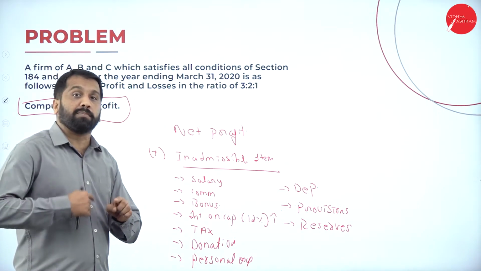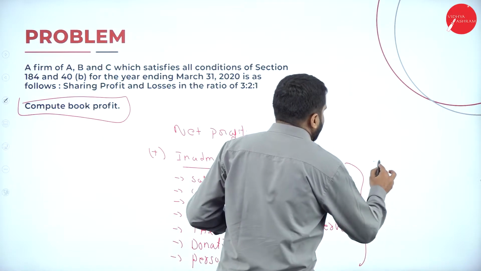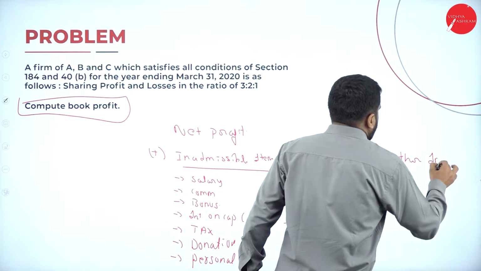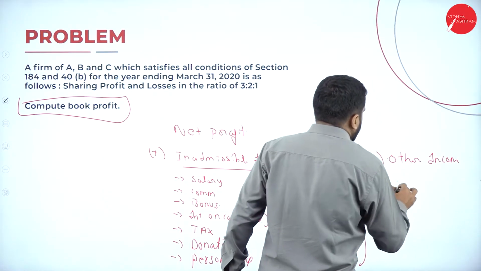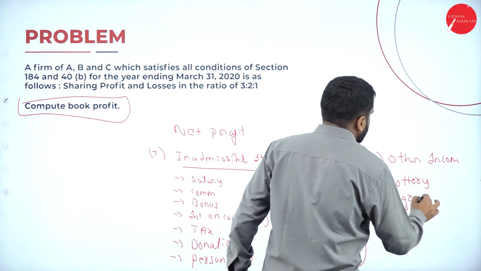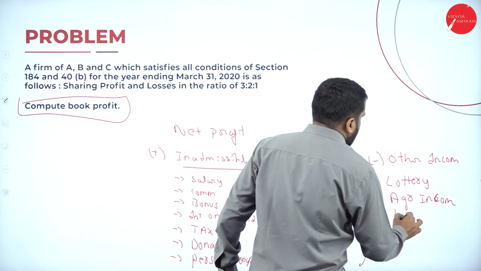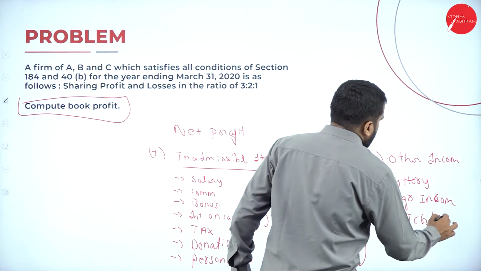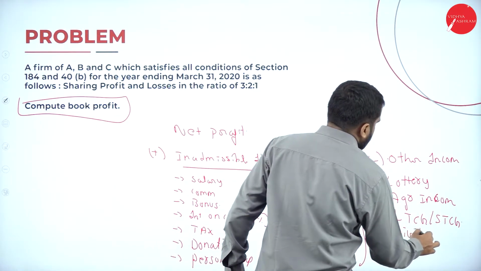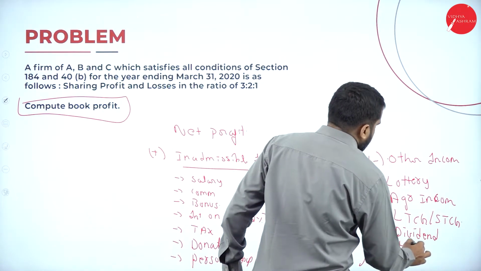What are the things you are supposed to minus? Very simple. Minus other income. What is other income? Like lottery, agriculture income, long-term capital gain, short-term capital gain, any dividends, house rent.